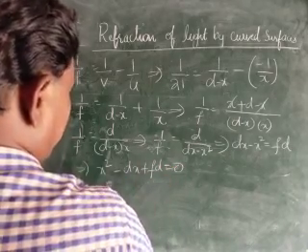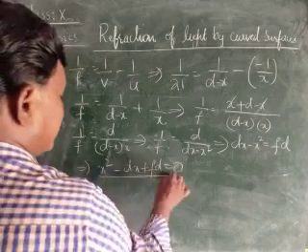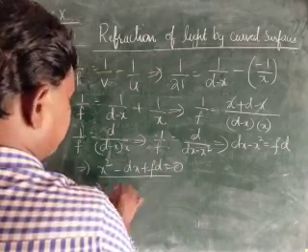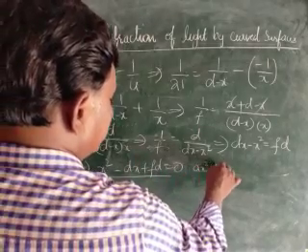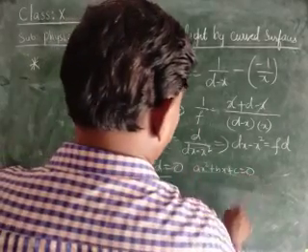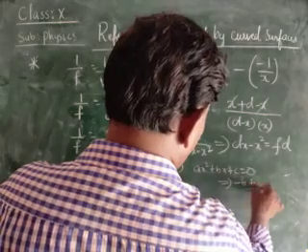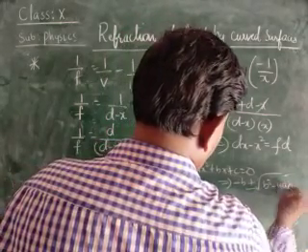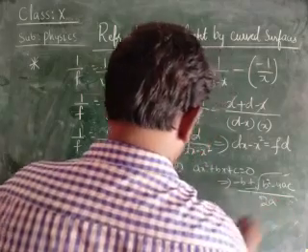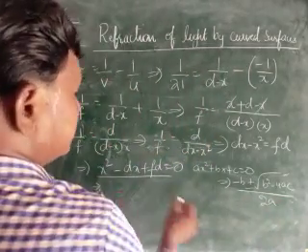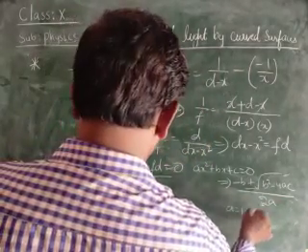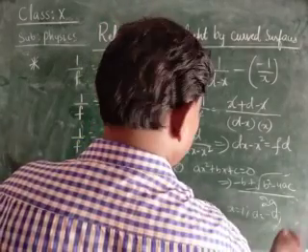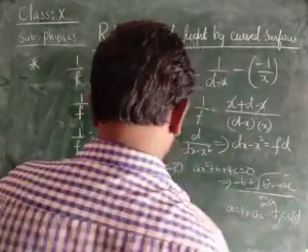Now, when we have a quadratic equation, we can find the factors. That is, x square plus bx plus c is equal to 0, and the roots are minus b plus or minus square root of b square minus 4ac, by 2a. You know this. Here a is equal to 1, b is equal to minus d, c is equal to fd.